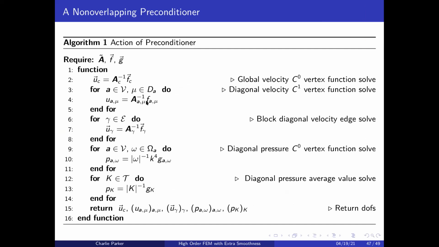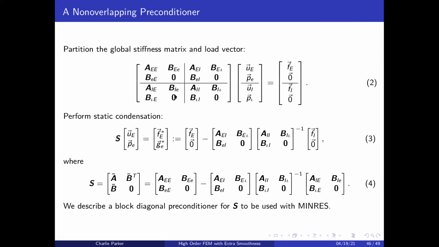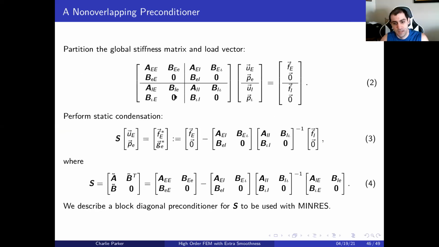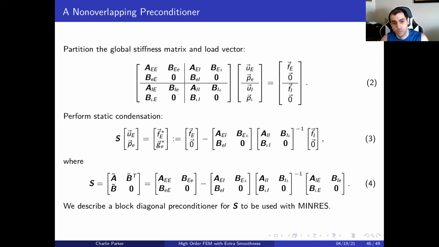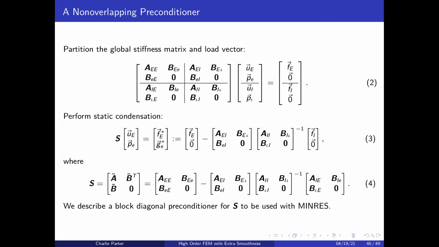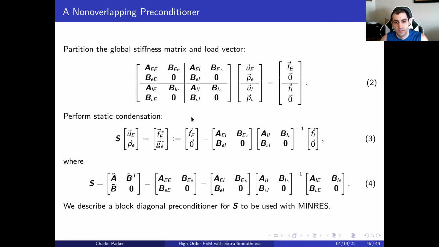Again, this matrix is symmetric? Are you asking, what's your question? My question is, the matrices are not symmetric? Which matrices? All the stiffness matrices. So the entire stiffness matrix is symmetric. This top left block is symmetric, this bottom right block is symmetric, and the top right block is the transpose of the bottom left block.